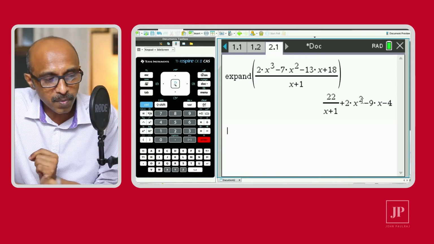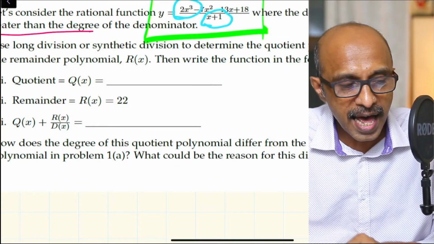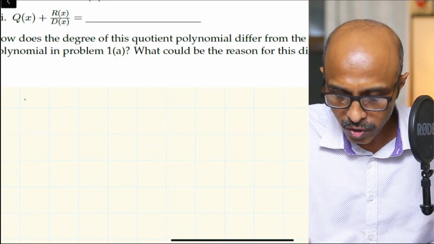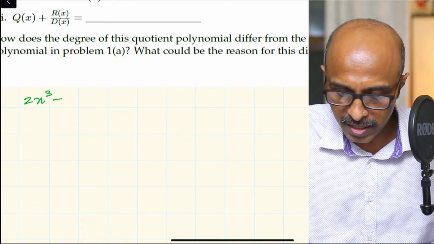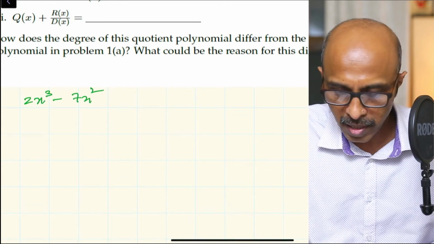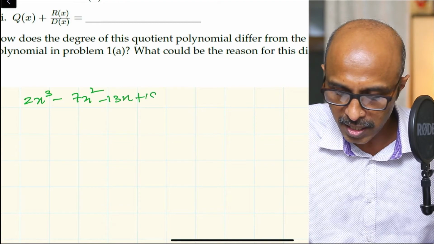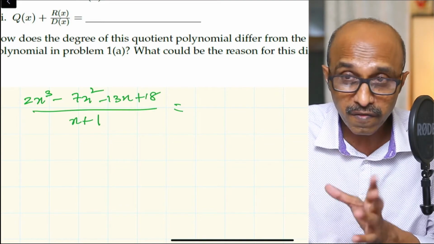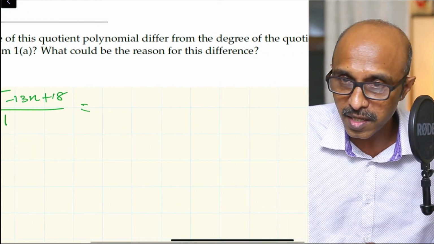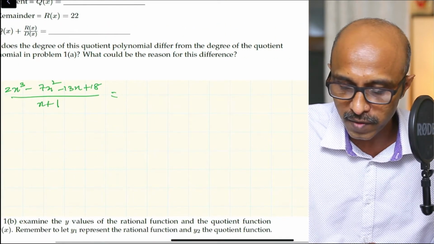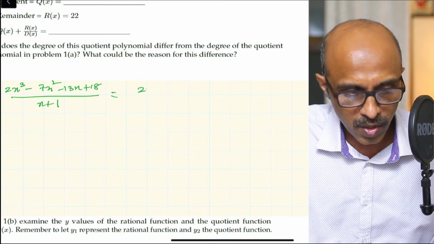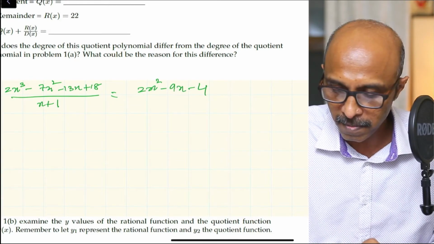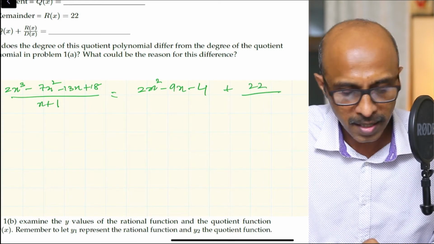Make those kinds of observational notes, which means that I can write this rational function now as 2x cubed minus 7x squared minus 13x plus 18 divided by x plus 1 is equal to, I'm going to write the quotient first, and I'm just going to make sure that this is in the view of the camera for all of us to see. This is 2x squared minus 9x minus 4, that's the quotient, plus 22 over x plus 1.